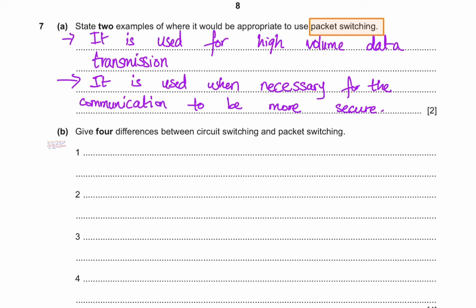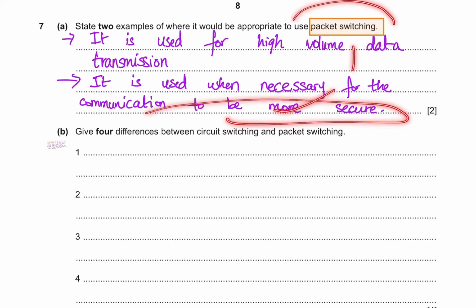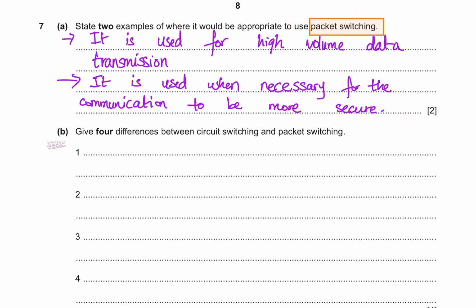It is used for high volume data transmission. Packet switching is used for high volume of data transmission, and it is also used when it is necessary for the communication to be secure. When the communication is needed to be more secure, you use packet switching. And when you need high volume data transmission, you use packet switching. So 2 marks for these points.